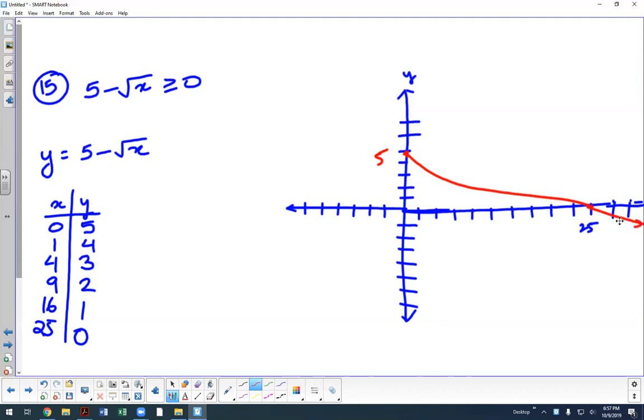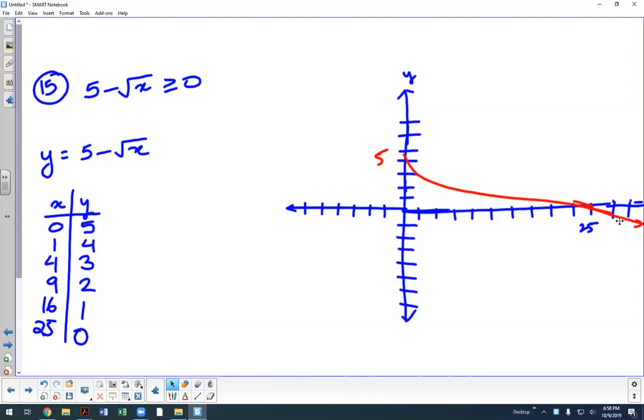So show that curve crossing at this point, 25 and 0. More like that.